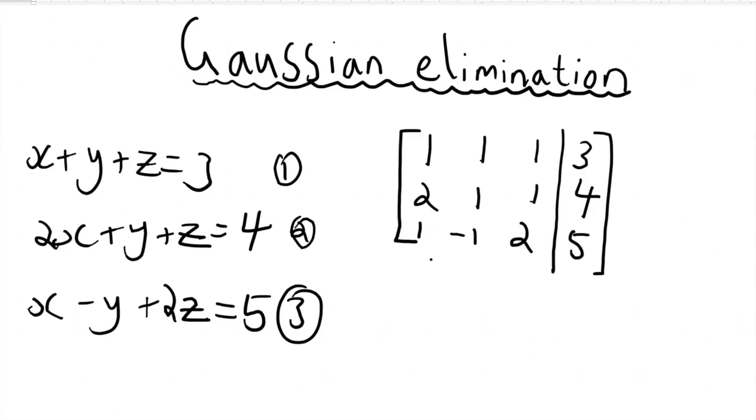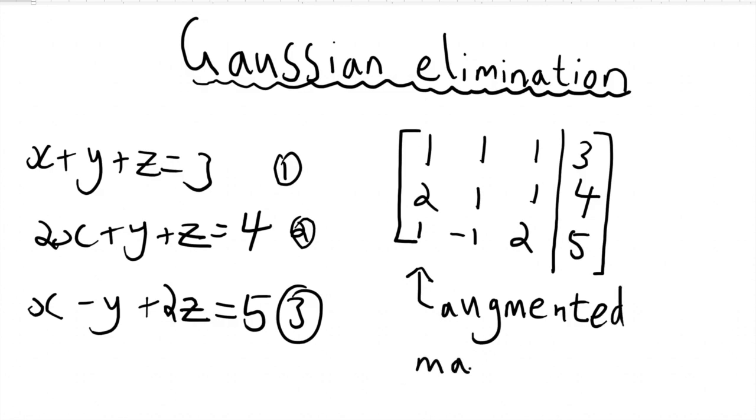Now this matrix here is called the augmented matrix, and it'll be key to allowing us to carry out Gaussian elimination.